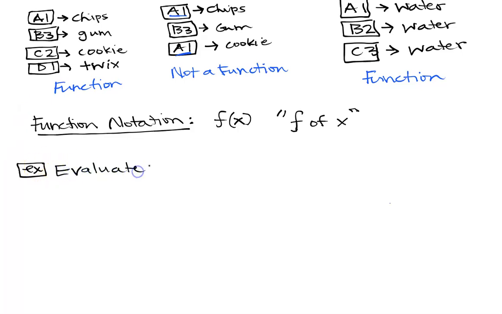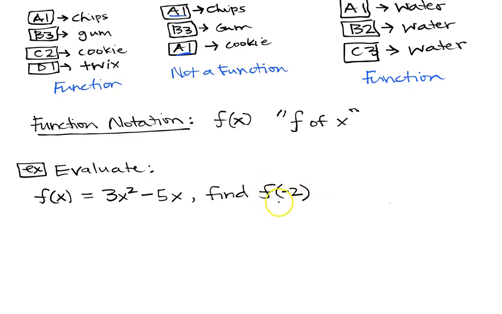So they'll give you some kind of function. So let's say they give us that f of x equals 3x squared minus 5x. And they want us to find f of negative 2. Okay, now remember, this doesn't mean f times negative 2, right? F of negative 2.